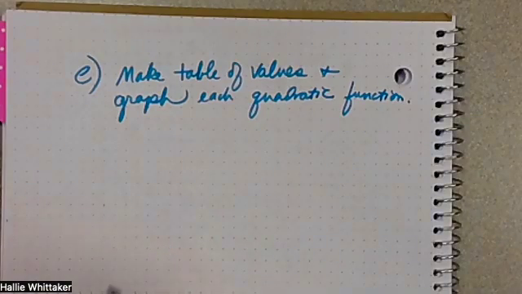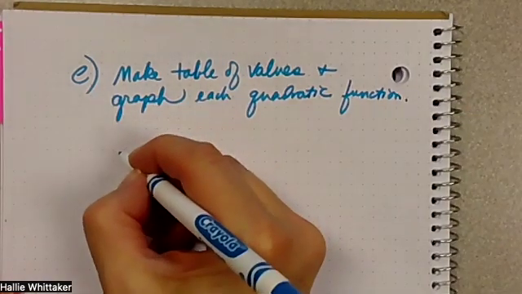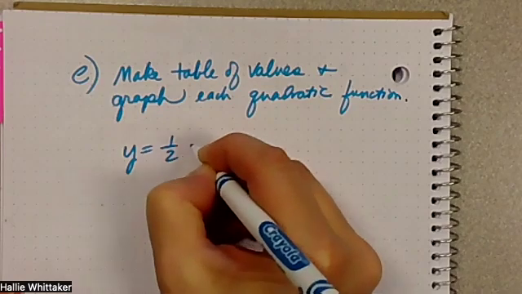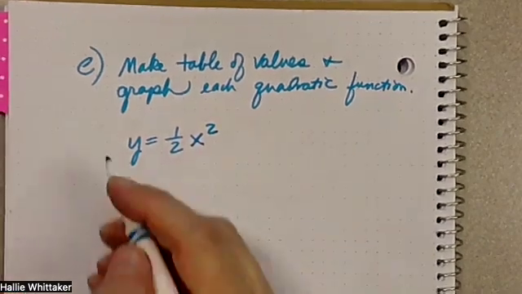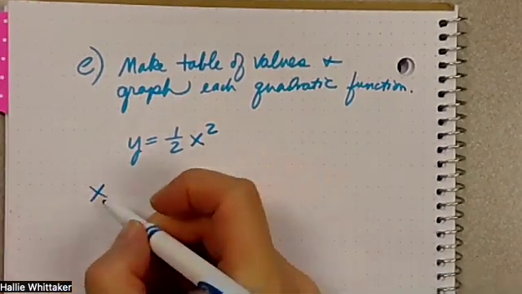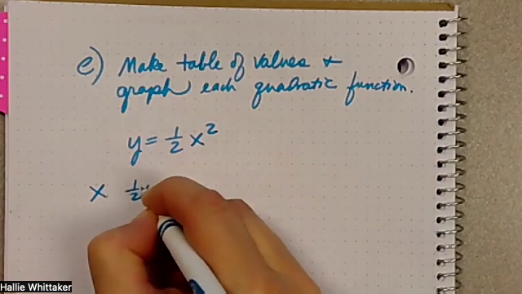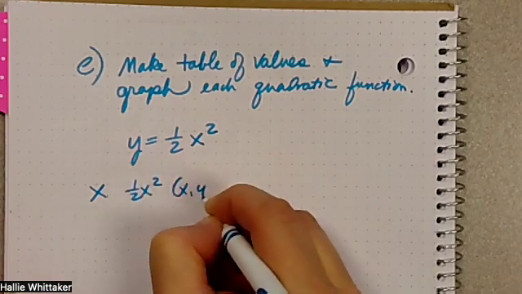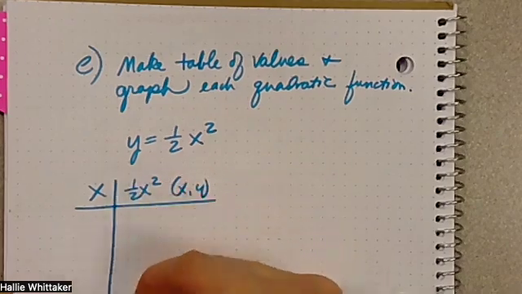Okay, so let's start off with y equals 1/2 x squared. Okay, so I'm going to do x, 1/2 x squared, and then the coordinate, which is going to be xy.